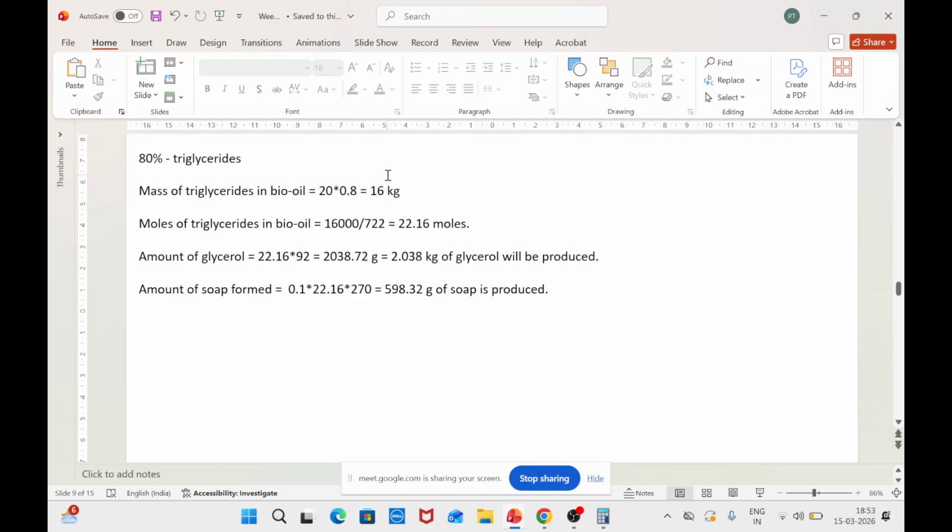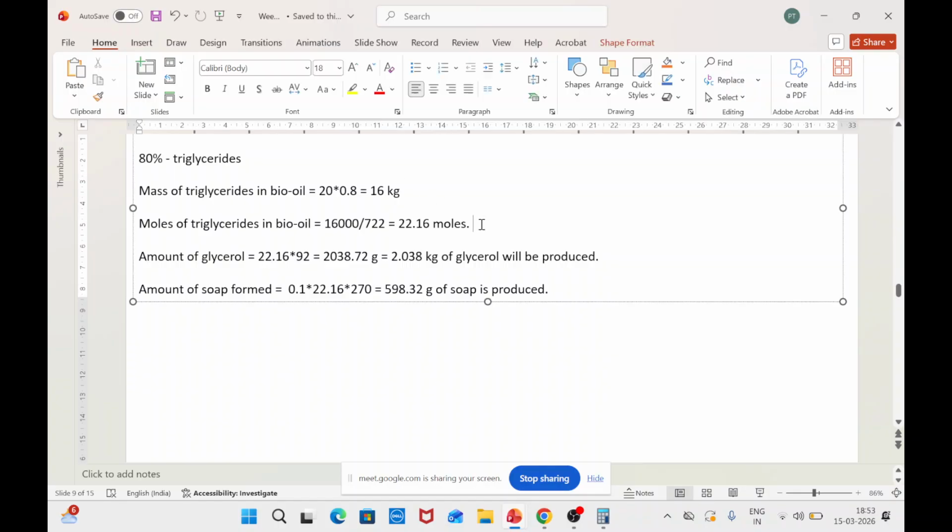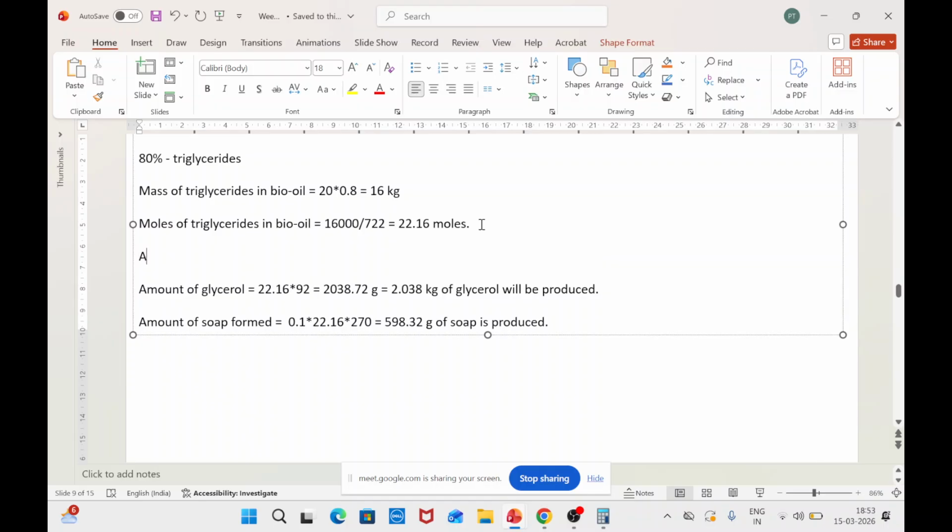So now the answer gets rephrased: for every 1 mole of triglycerides we are going to get 0.9 mole of glycerol, as per the question, which states that the conversion efficiency is 90 percent. So for 22.16 moles of triglyceride reacting, you are going to get 0.9 times 22.16 moles of glycerol. So I need to add a step here.